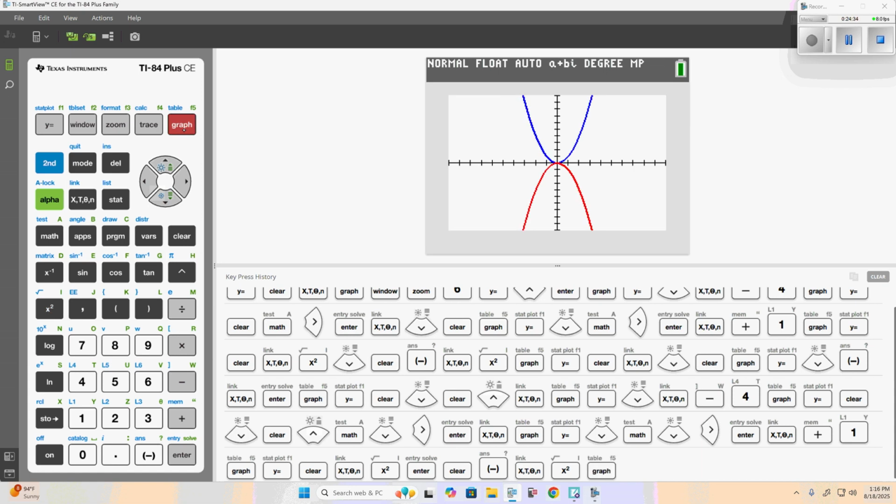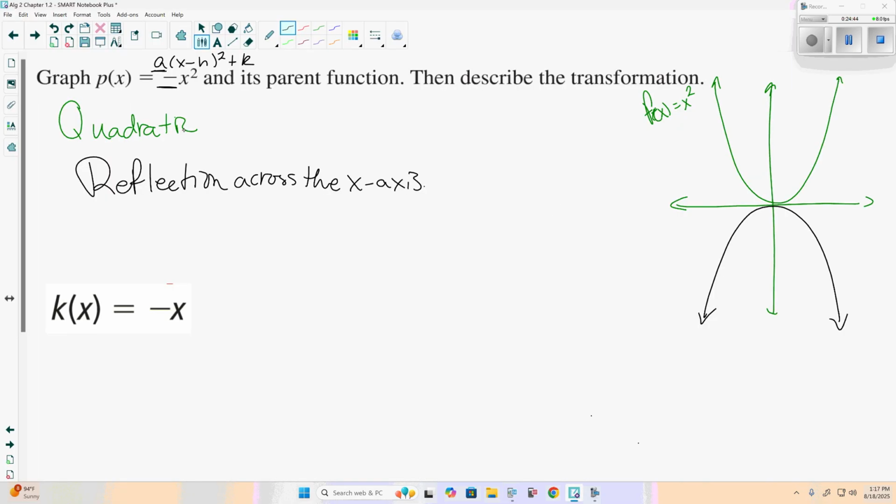It'll do it for us. But if I can interpret and know what it's doing, it's going to be a lot better. And this especially comes when solving. If I know it's going to cross the x-axis, because crossing the x-axis is the solution for a lot of equations. If I can see the picture in my head and see, okay, that's not going to cross the x-axis, it makes things a lot easier.